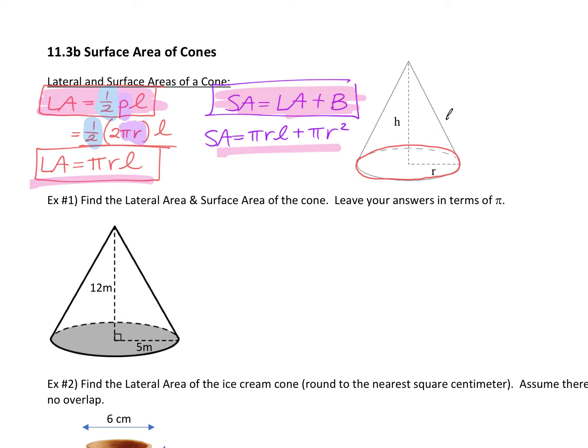Why is P perimeter, 2 pi r or pi d? That's not for the base, is it? Yeah, perimeter of the base. P is always the perimeter of the base.